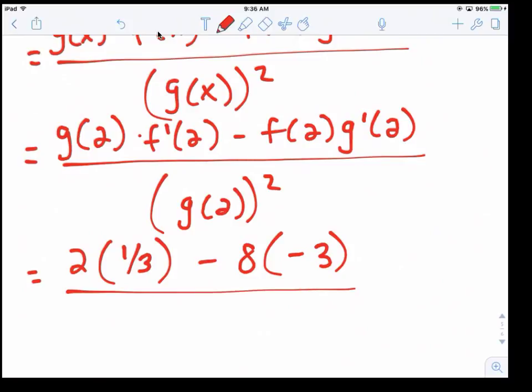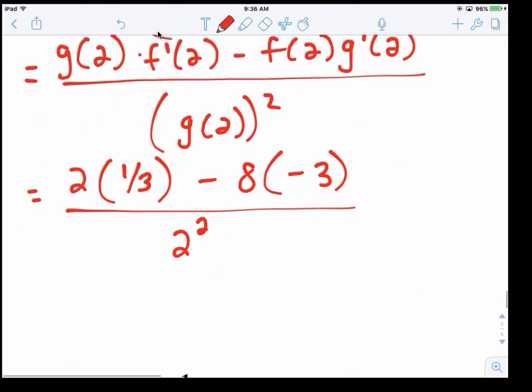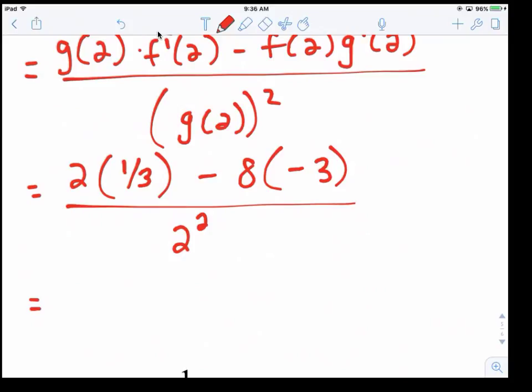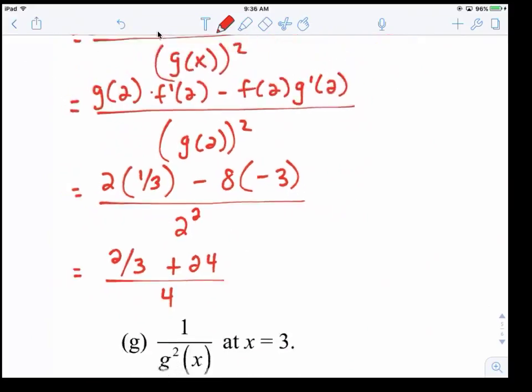G of 2 is 2. So I have 2/3 plus 24 over 4. And yeah, I don't really feel like simplifying it.